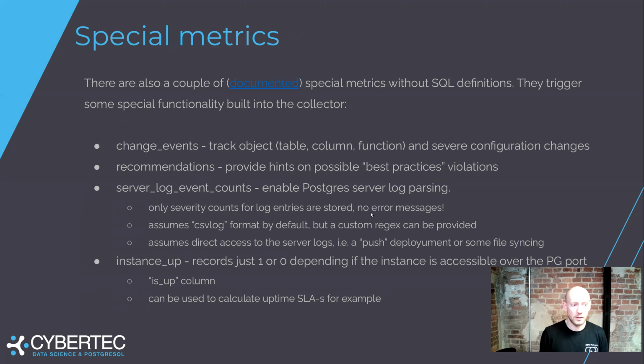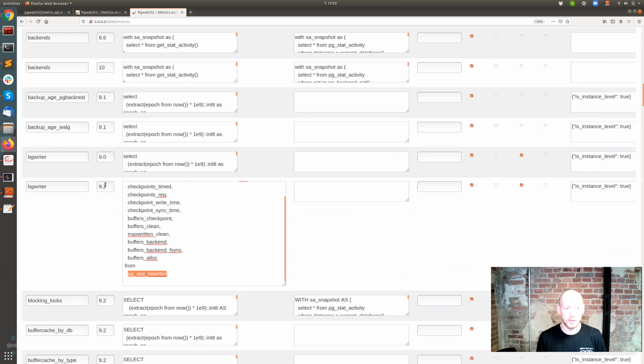So we're nearing the end. Special metrics. Most of the metrics seen here are totally normal queries selecting from pg_stat_something. But we also have some placeholder or special metrics defined.